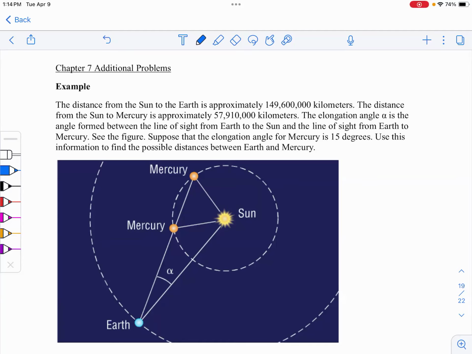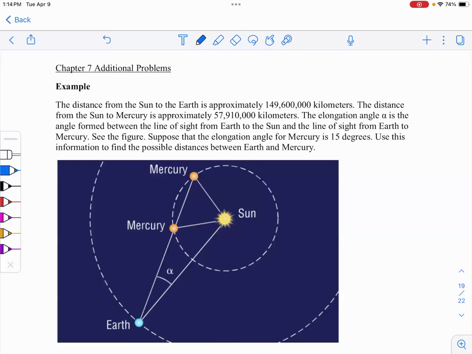At this particular angle, since Mercury orbits in an approximate circle, there are two points, which means we have lots of triangles to create. We have the Earth, Sun, far Mercury, and the Earth, Sun, close Mercury.